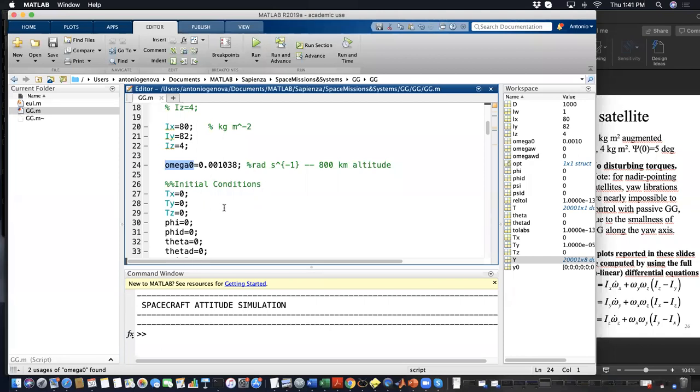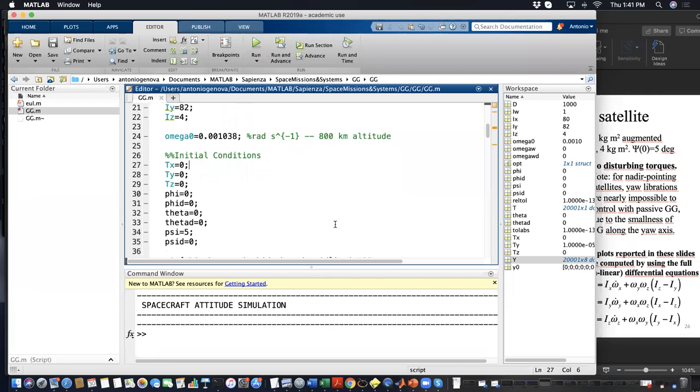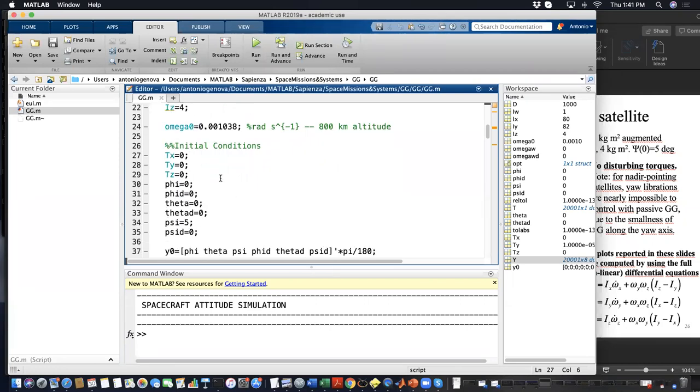Let's start by assuming that you don't have any torques, so the disturbances associated with the roll, pitch, and yaw axes are 0. And you also assume the initial conditions.